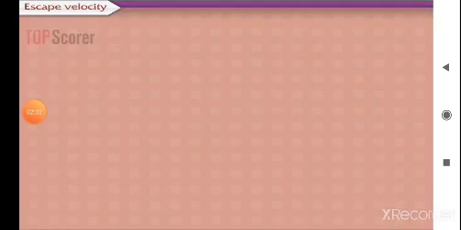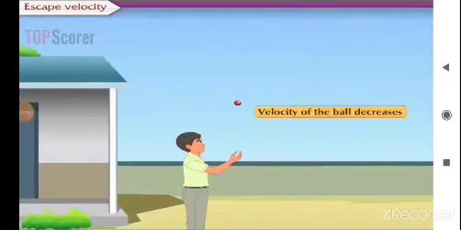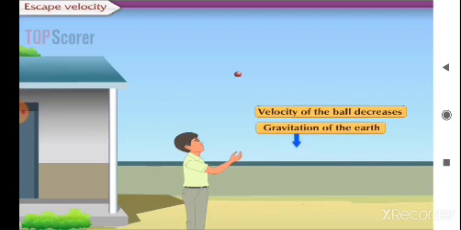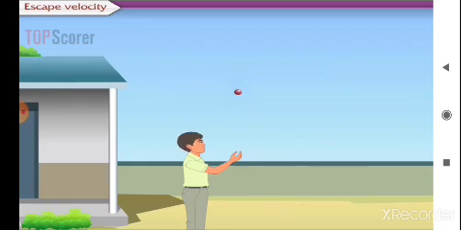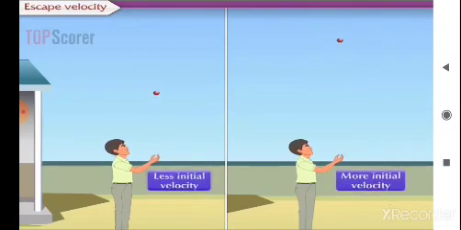Escape velocity. We have seen when a ball is thrown upwards, its velocity decreases because of the gravitation of the earth. The velocity becomes zero after reaching a certain height, and after that the stone starts falling down. Its maximum height depends on its initial velocity.